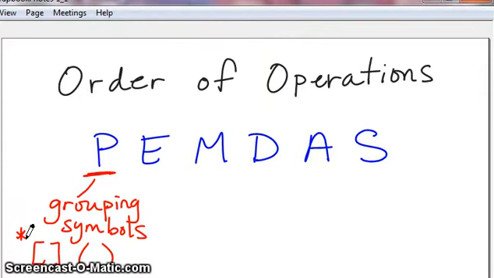So this word, we begin working all the way down our word. Kind of gives us our order. Thus, order of operations. The next letter, E, stands for exponent.